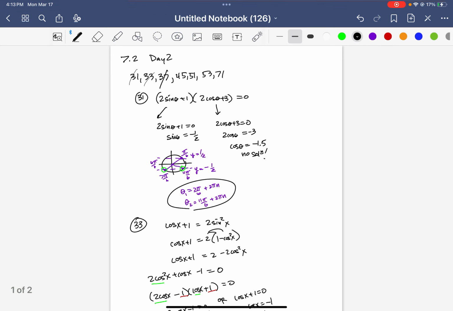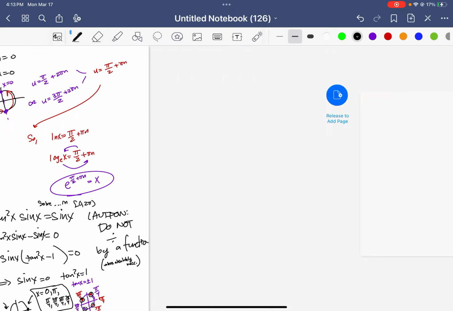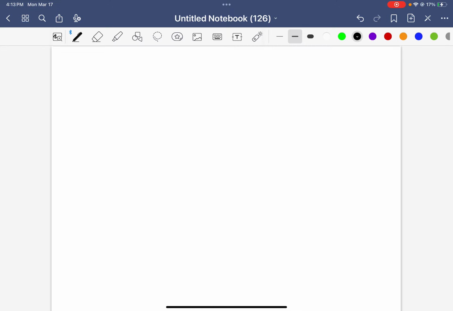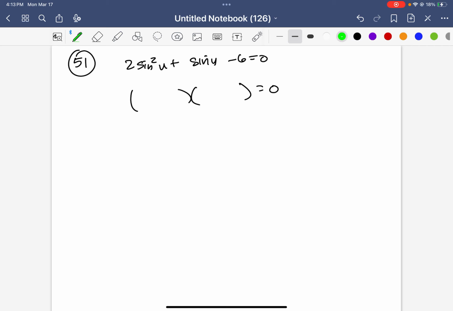So if that's 45, then I need 51. So if I'm looking at 51, and I have 2 sine squared u plus sine u minus 6 equals 0. Well, I'm going to try and factor that trinomial into two binomials, where I know that the first two multiply together to get the first, and the last two multiply together to get the last.